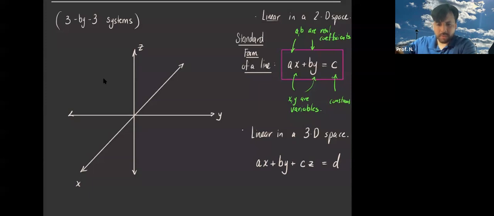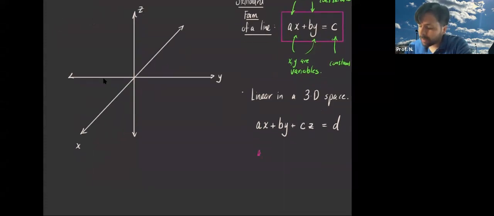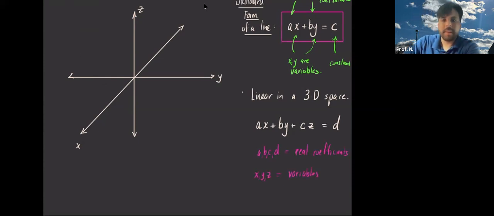Does anybody know what this geometrically looks like in three-dimensional space? What is ax plus by plus cz equals d, where a, b, c, and d are coefficients and x, y, z are variables? Does anybody know?